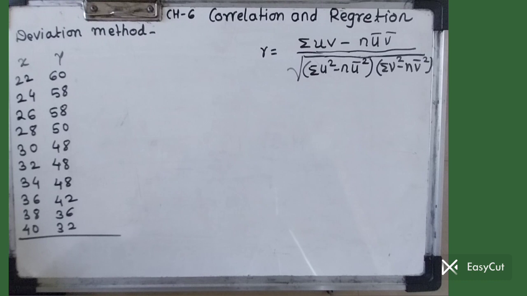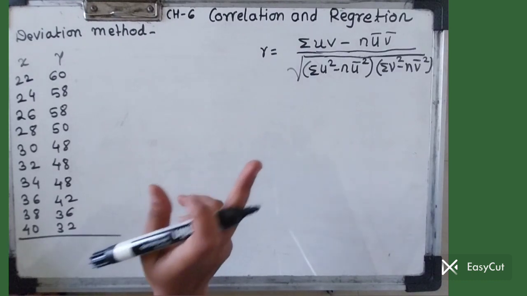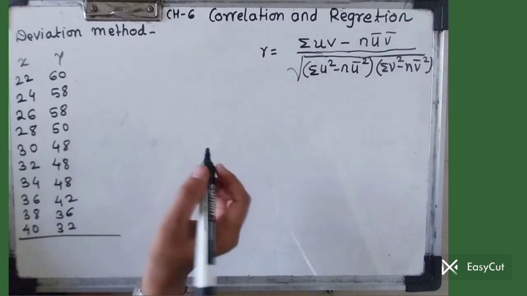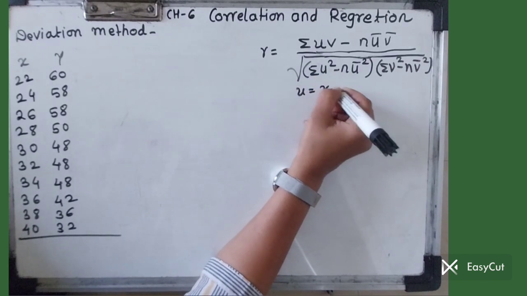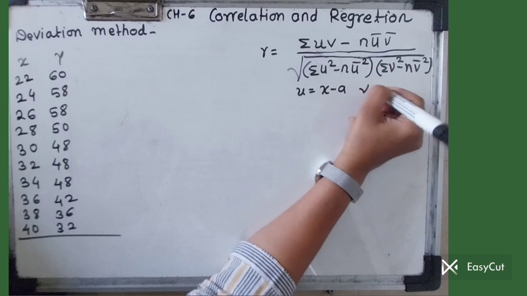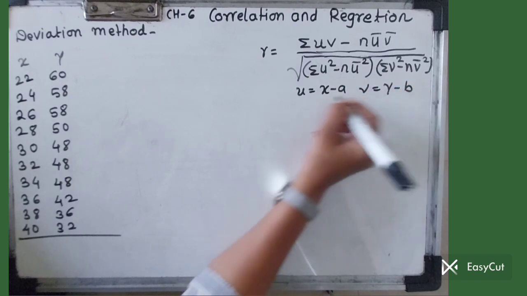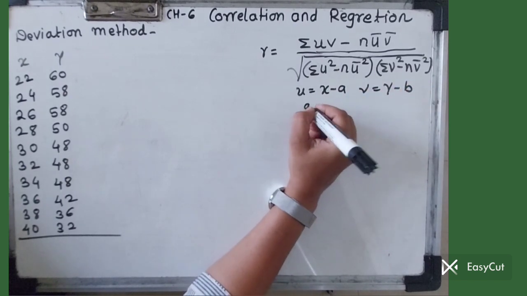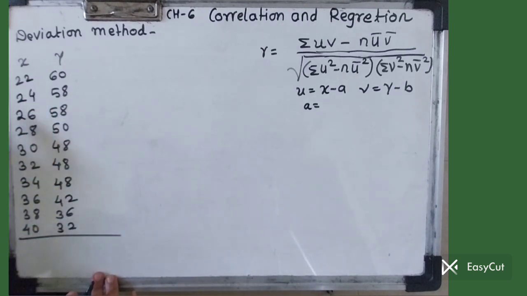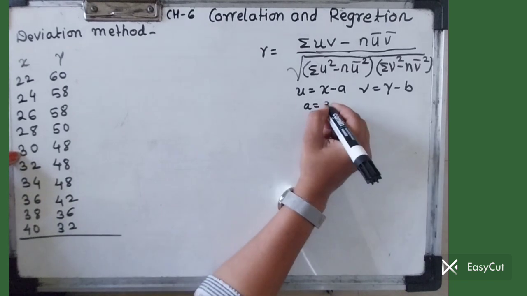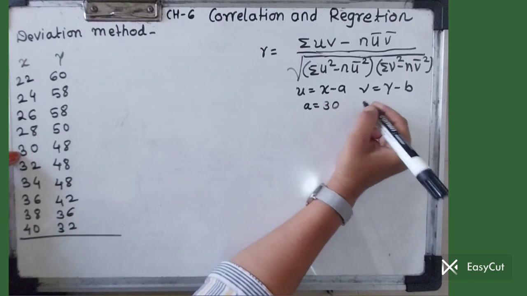Now what do we require in the formula? We require u. What is u? U is x minus a and v is y minus b. First assume what a is. Here I assume a is 30, and b is 50. How do we assume the value?